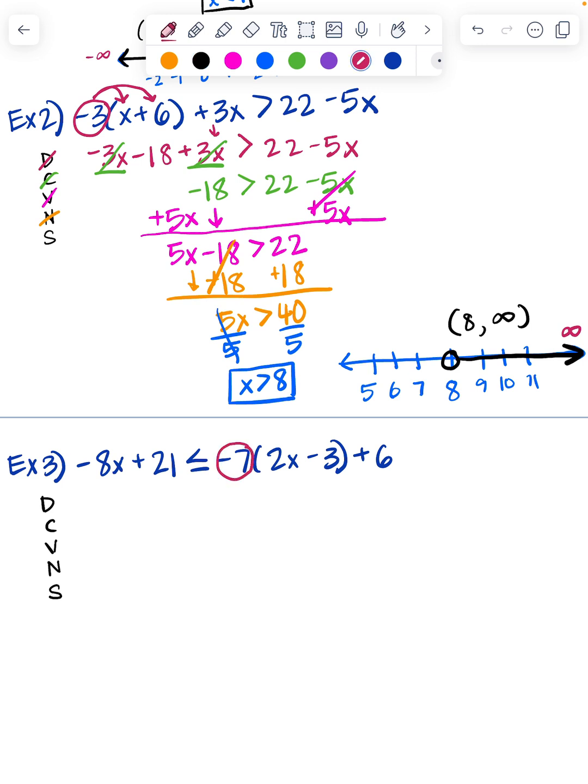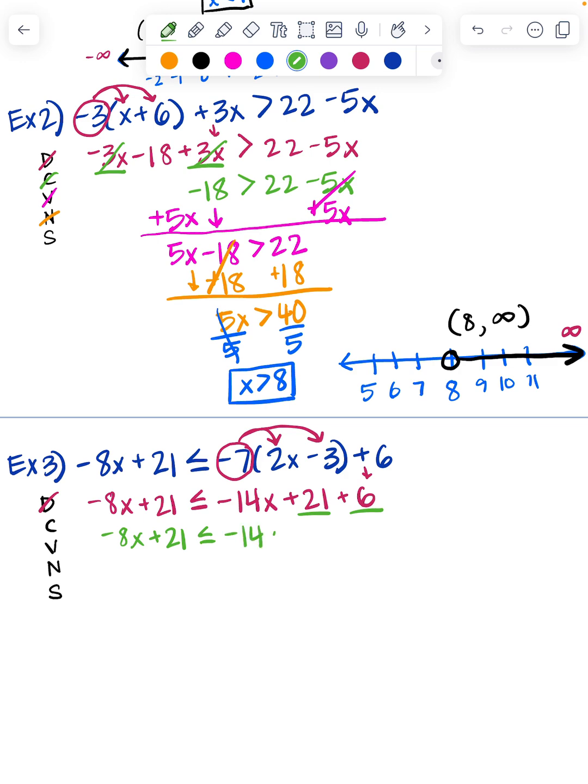We have -7. So I'm going to bring down everything on the left side. -8x plus 21 is less than or equal to, now I can multiply. -7 times 2x is -14x. -7 times -3 is positive 21, and we'll just bring down plus 6. Combine like terms. On the right side, I can combine 21 and 6. So -8x plus 21 is less than or equal to -14x plus 27.